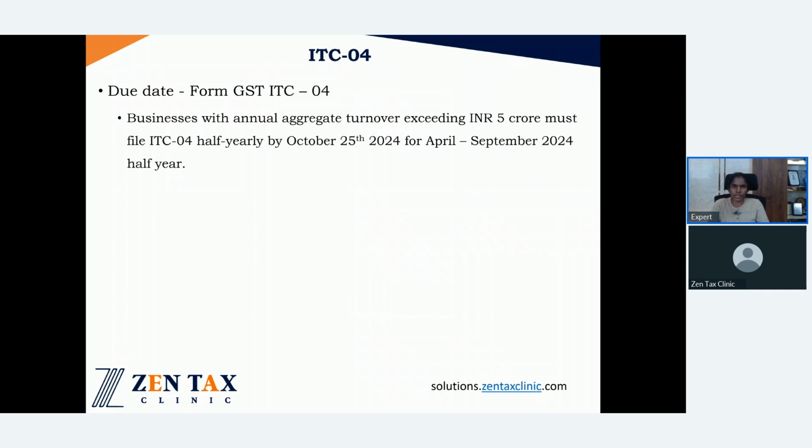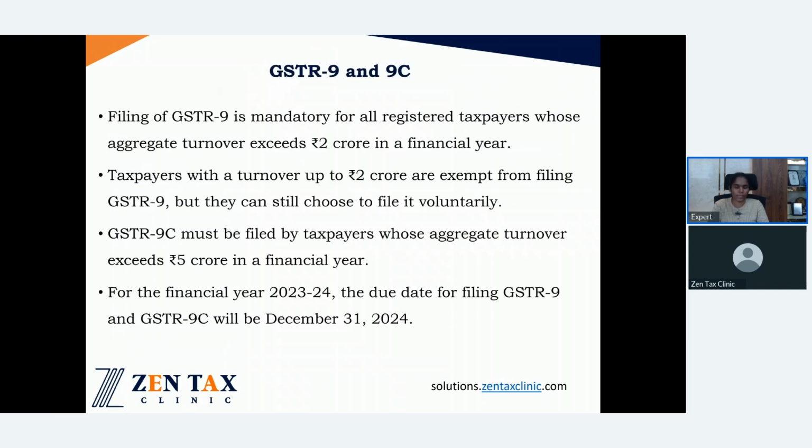So this is it about ITC 04. Moving on to the next important due date, which is for GSTR 9 and 9C, that is, the annual return and reconciliation. Filing of GSTR 9, as you all are very well aware, is mandatory for all registered taxpayers whose aggregate turnover exceeds 2 crore in a financial year. Taxpayers whose turnover does not exceed 2 crore can opt for voluntary filing.